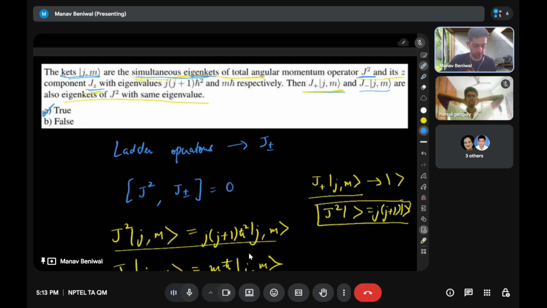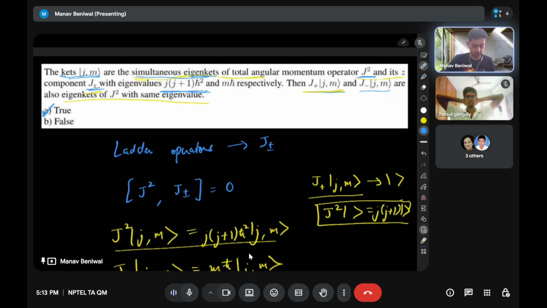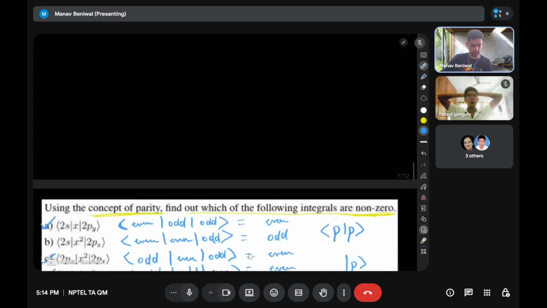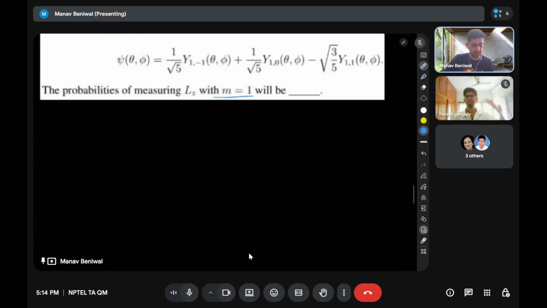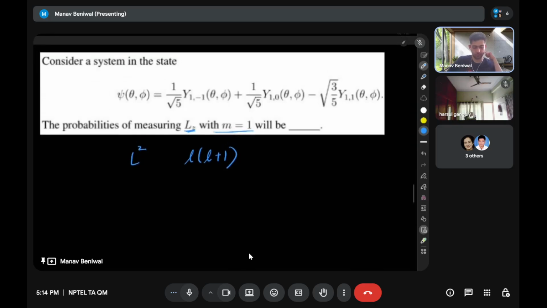When we have j squared, we get these eigenvalues, and notice that they depend on j, and for jz we get m h-cut eigenvalues. Coming back here, because they are talking about Lz, its eigenvalues will correspond to m. And if they talked about L squared, then the eigenvalue will correspond to L(L+1).